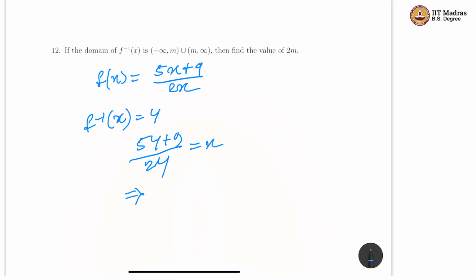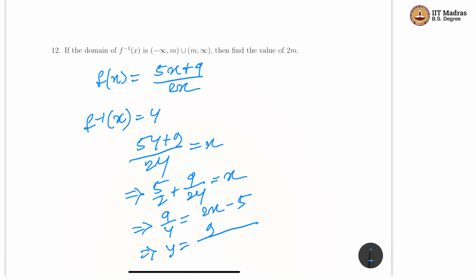So it will be 5 by 2 plus 9 by 2y equals x. That means 9 by y equals 2x minus 5. So y will be equal to 9 over 2x minus 5. So this is the function f inverse(x), which is 9 by 2x minus 5.